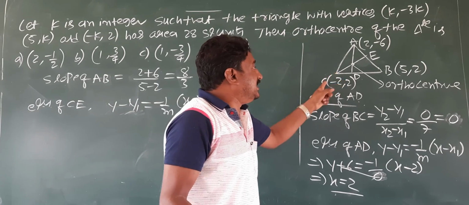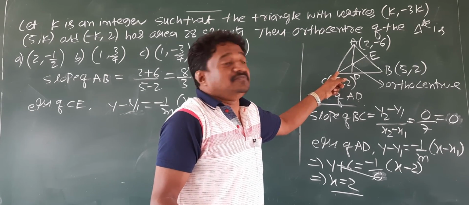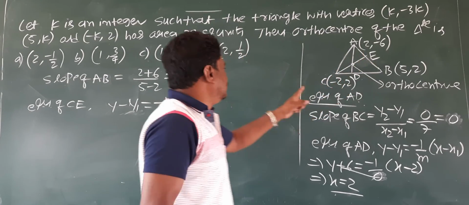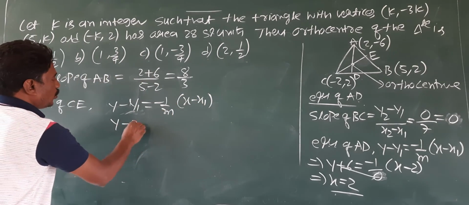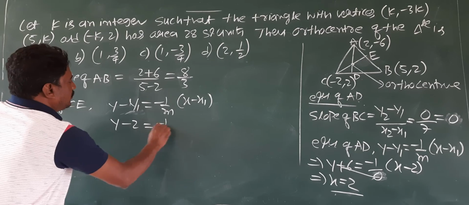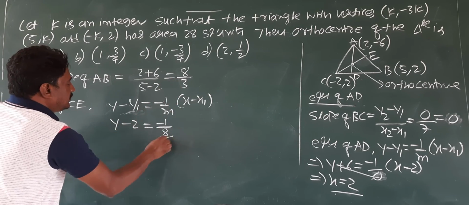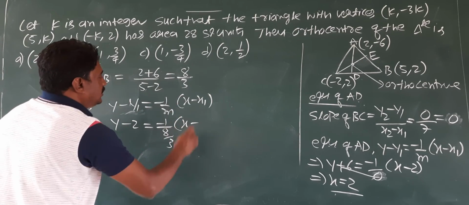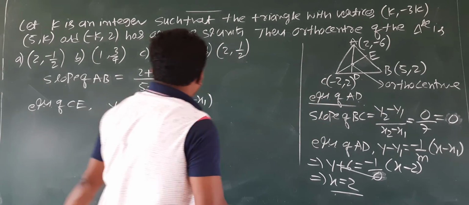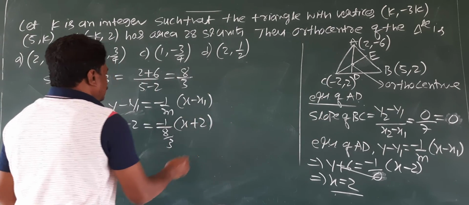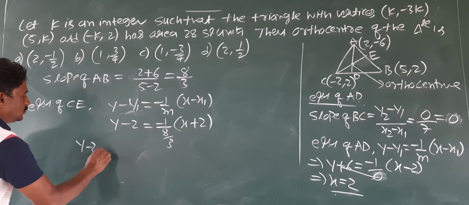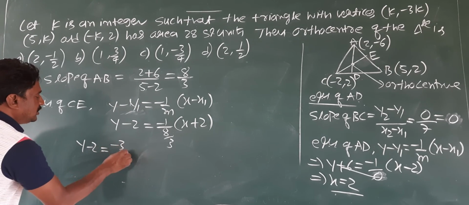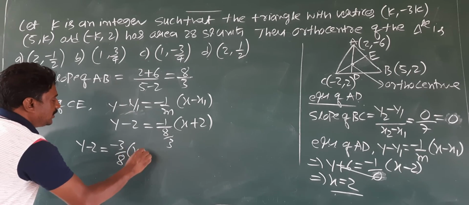Point C lies on the line CE. So y minus y1 is 2, minus 1 by m is minus 3 by 8, x minus x1 is x plus 2. Now simplify this, friends. So y minus 2 is equal to minus 3 by 8 into x plus 2.